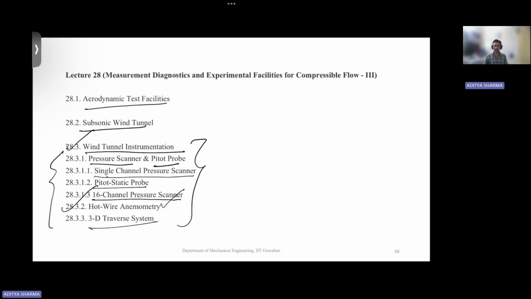So the 3D traverse system basically is to move your model. Let's say you have this wind tunnel where flow is happening in this direction, and some model is installed here. We'll connect it to the 3D traverse system, and if you want to move it in the wind tunnel, we can use this 3D traverse system.